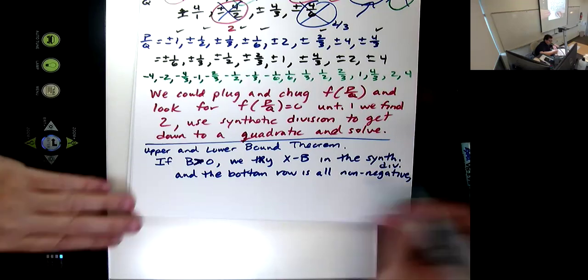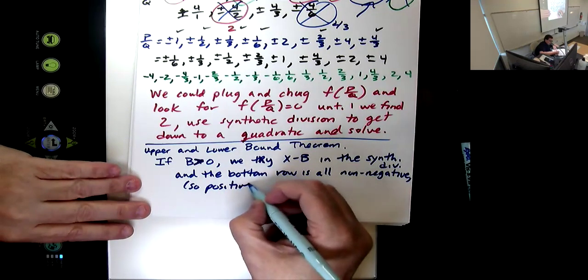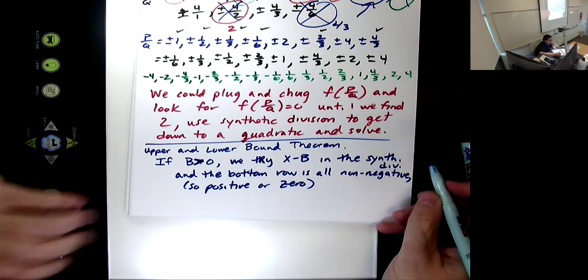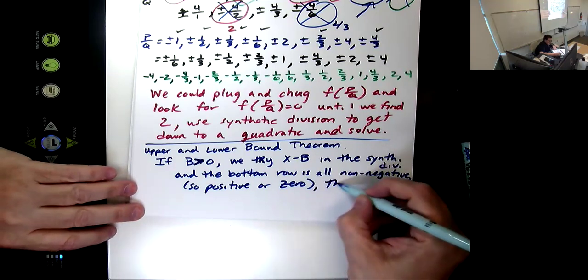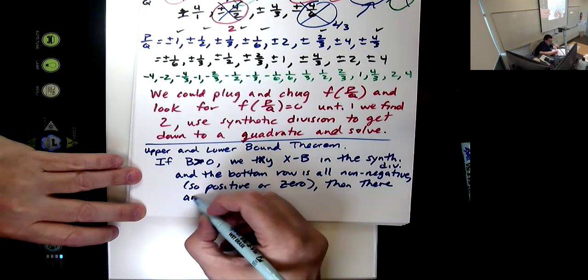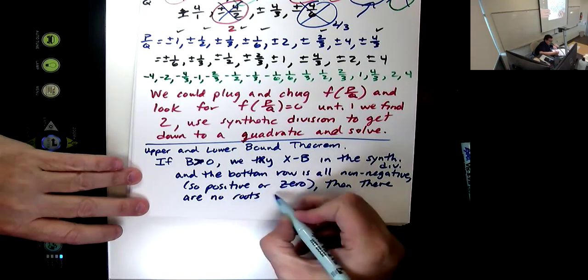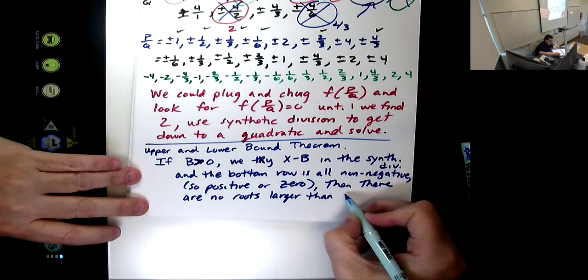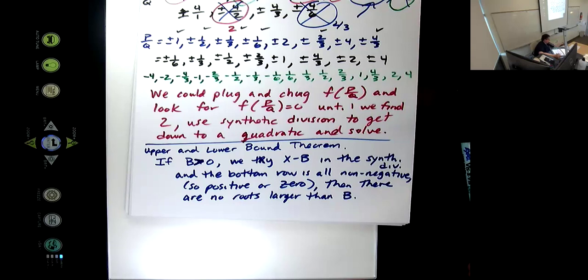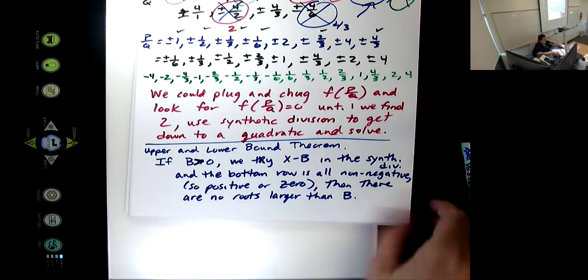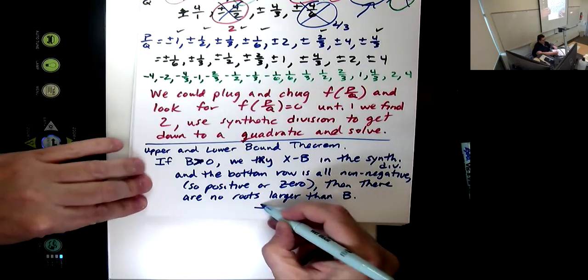So positive or 0. Then there are no roots larger than b. So that it's like this is like an upper boundary.